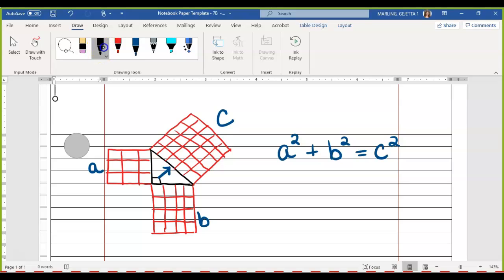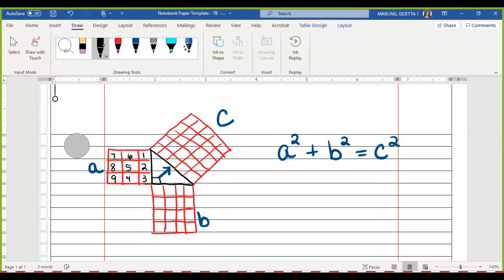So now when we look at this formula, A squared, they're talking about the square of A. If we go look at this square that we wrote on side A, if I count up how many little boxes I have in that square, how many do I have? 1, 2, 3, 4, 5, 6, 7, 8.